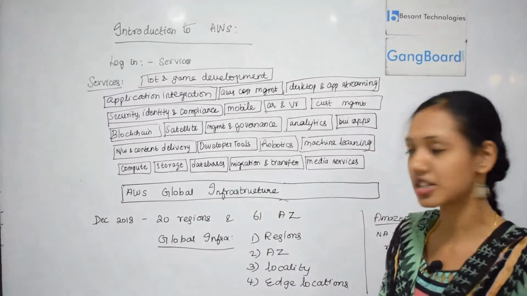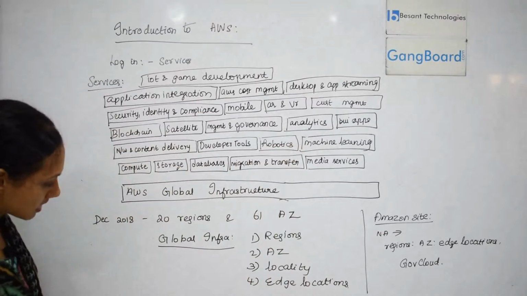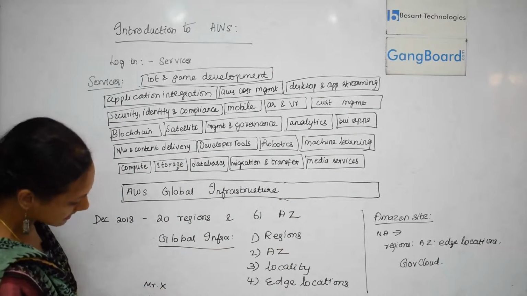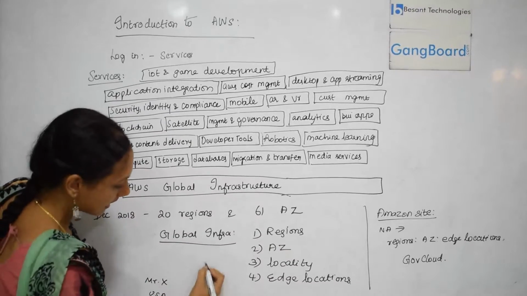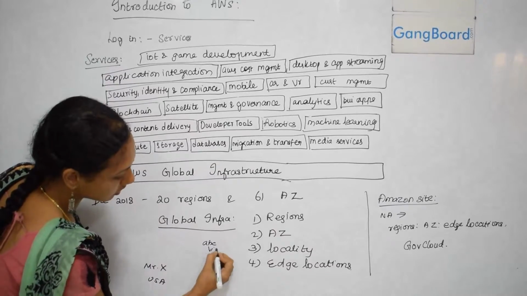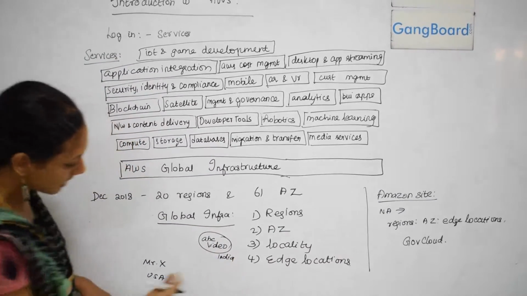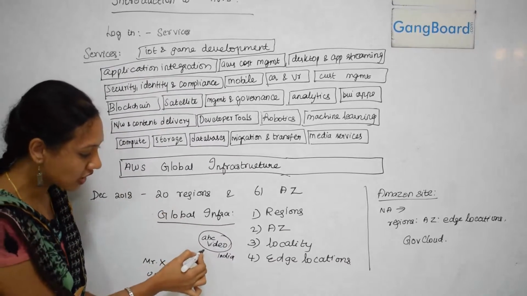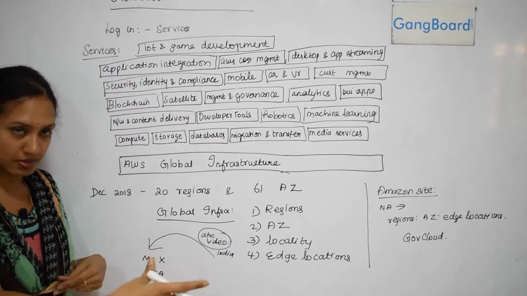Where does this come into the picture? Say there is a person, Mr. X, who sits in the USA and wants to download a video, say the ABC video, that is hosted in India. When he first accesses this video, it has to travel all the way from India to the US, so the time is going to be high.